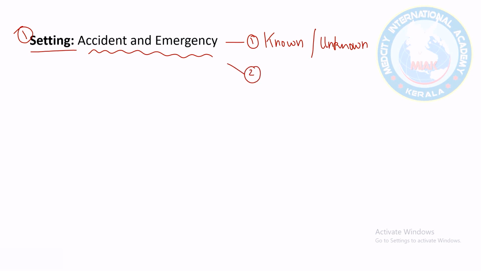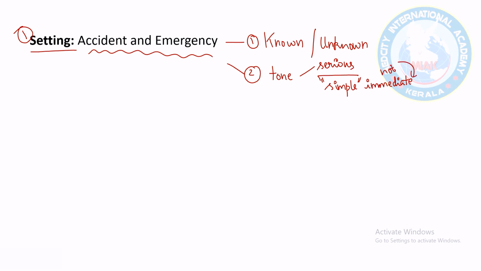Well, from the setting, we will know what tone to speak in. That is, whether the condition is really serious, as in case of accident and emergency. If it's a hospital ward or a school, the condition need not be very serious. So it could be something very simple or that which does not require immediate medical attention, right?